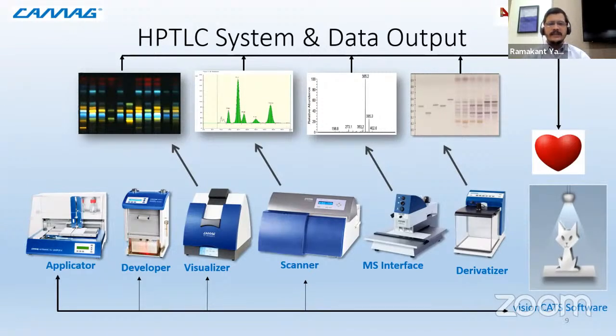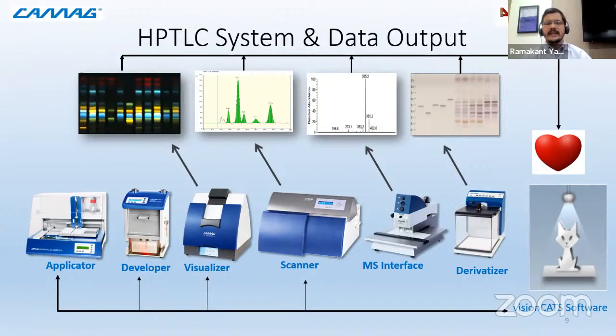Sample application is the most important step in HPTLC. We can apply exact volume so that we can do exact quantification. That is possible only with CAMAG HPTLC applicators. After sample application, for chromatographic development, we can develop the plate in normal CAMAG twin trough chambers, or we can develop the plate in automated development chambers.